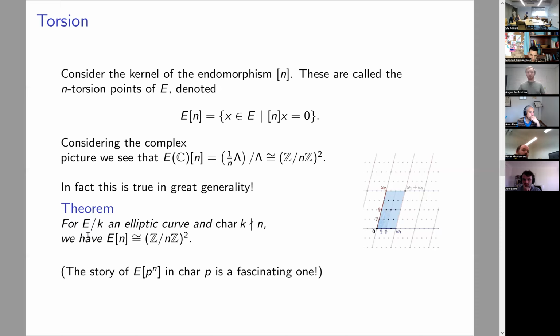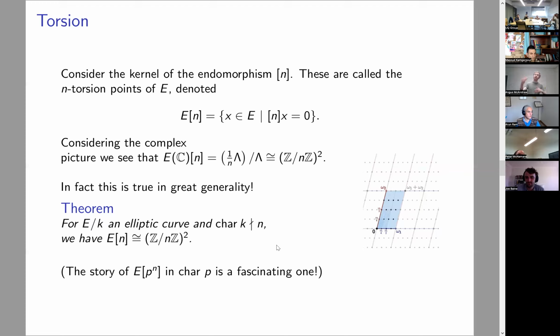I'm not proving this theorem, but one way one might believe it to be true is if you believe that you can calculate the degrees of all of these spaces and believe that it's separable, then you say, okay, the multiplication by n map is degree n squared. So I expect the n torsion to be size n squared.